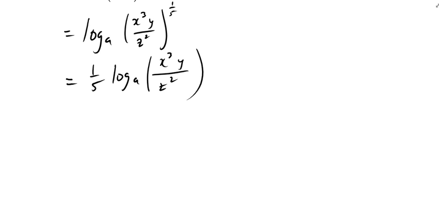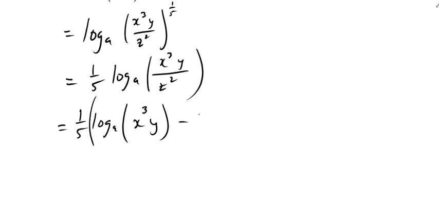And you could probably do this in one step, but we're going to do it in 2 steps. So this is like x cubed y, whoops, missing a bracket, minus log base a of z squared.